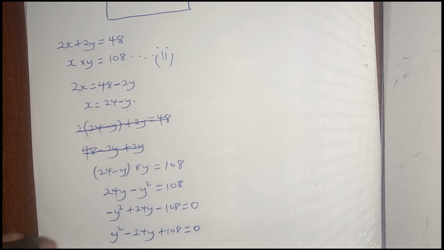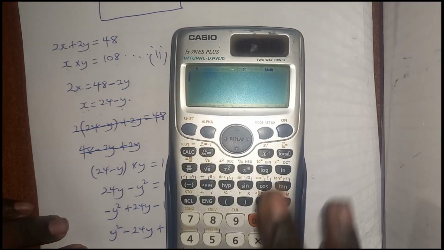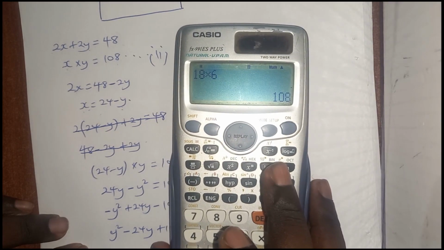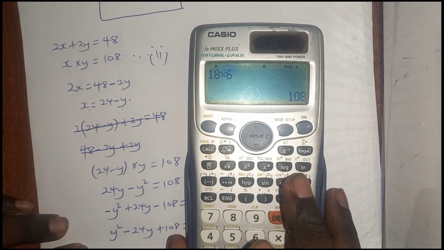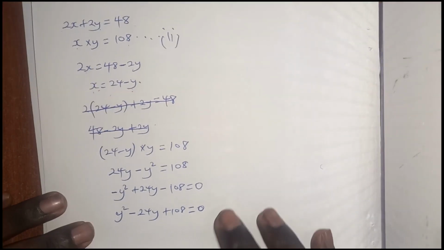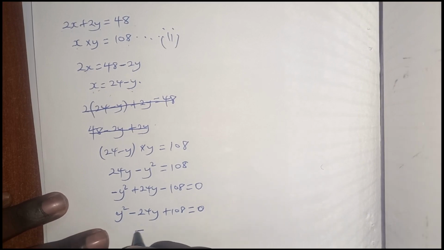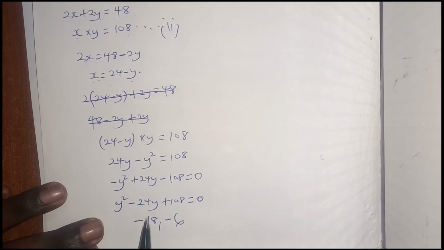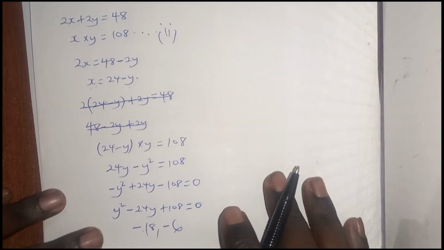Let me try 18 by 6. Yes, 18 plus 6 is 24, yes. But now it's negative 18 and negative 6, to give us a total of negative 24, and if we multiply them they give us a product of 108.